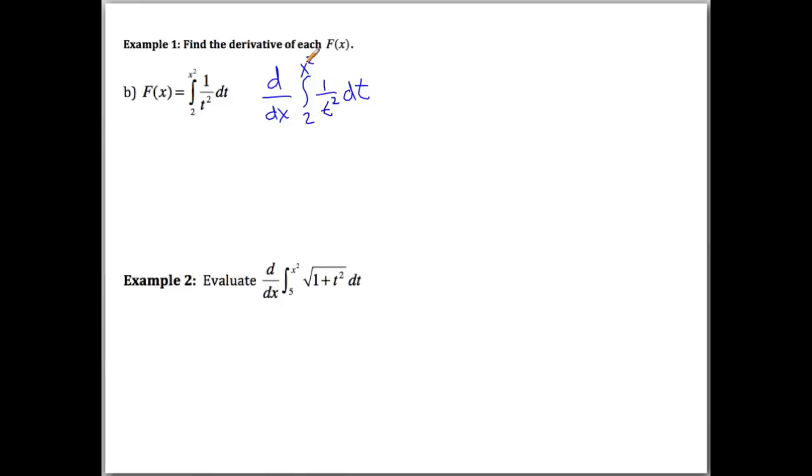Okay, and I'm going to use a U substitution, but I'm just going to do it very quickly by substituting this in for t in both of these places. So this is going to be 1 over, substitute in x squared, and then times the derivative of x squared.